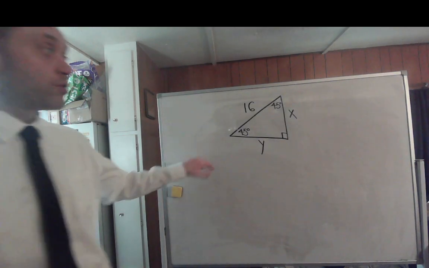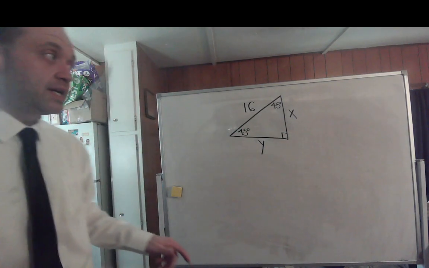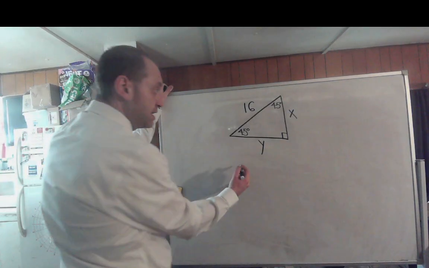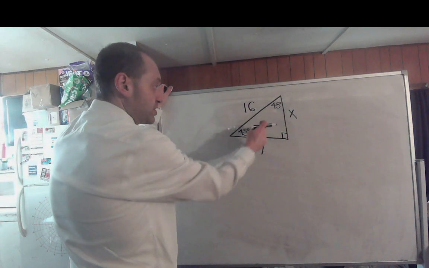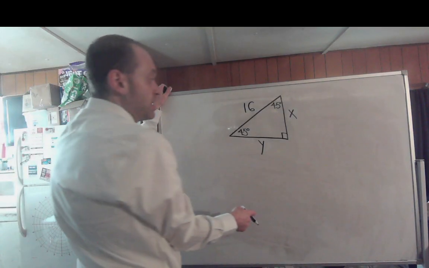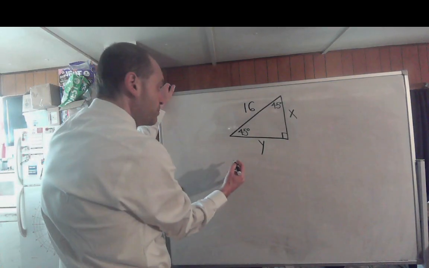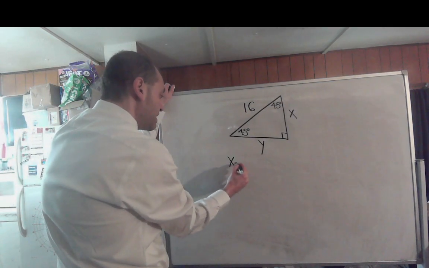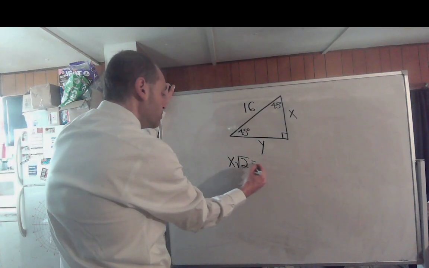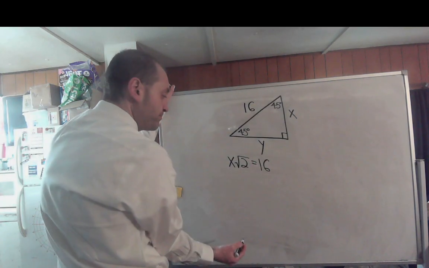That it's the square root of 2 times as long as one of the legs. So that means, since the two legs are congruent, if you solve for one, you can simply solve for the other. So that means that x times the square root of 2 would equal 16.